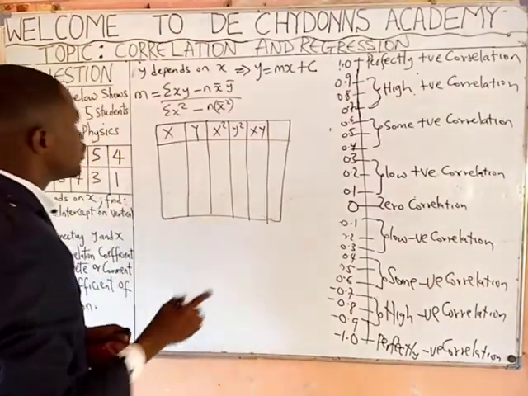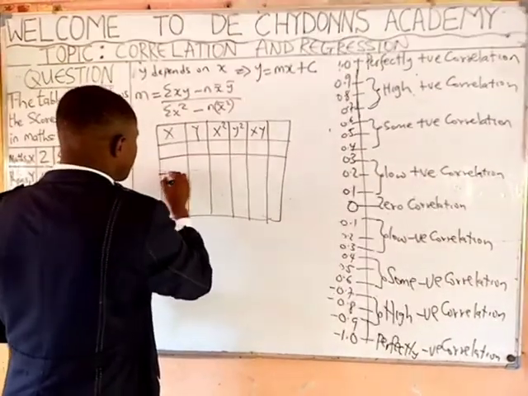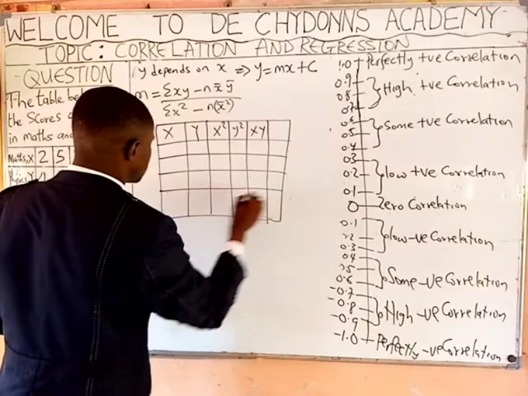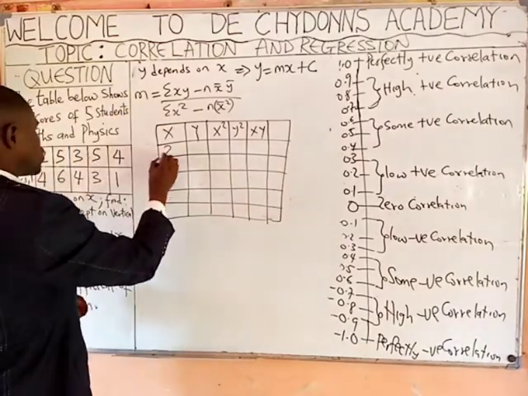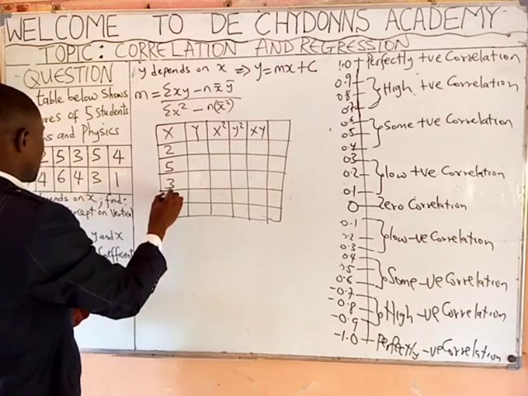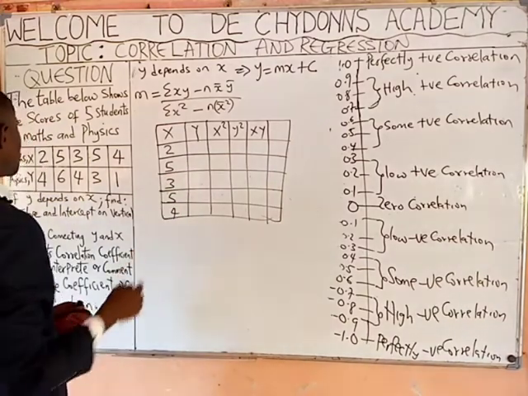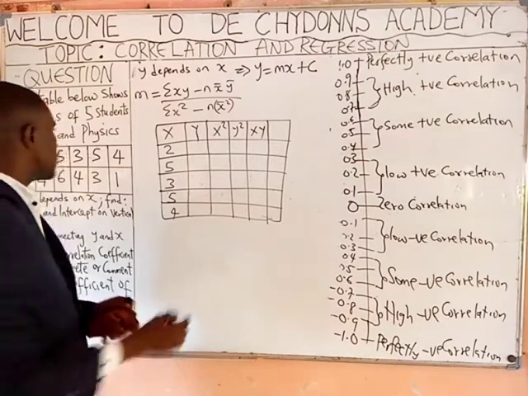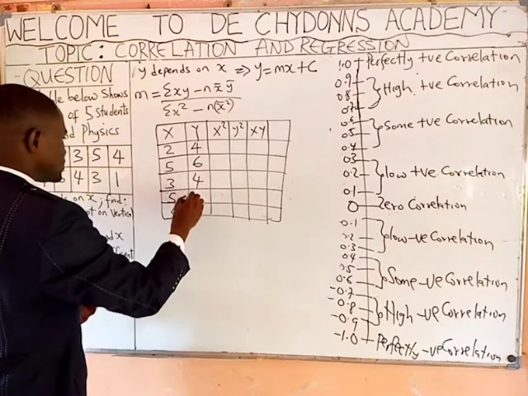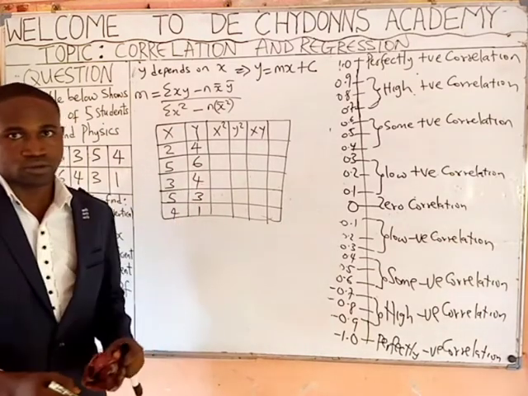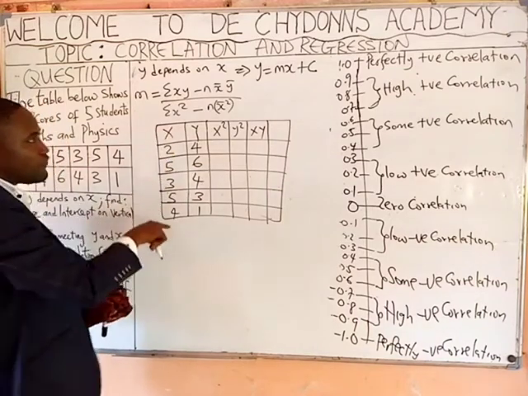Then you say, what are the values of x we have? Values of x we have are 2, 5, 3, 5, and 4. Values of y are 4, 6, 4, 3, and 1. So, x squared means square all the values of x.